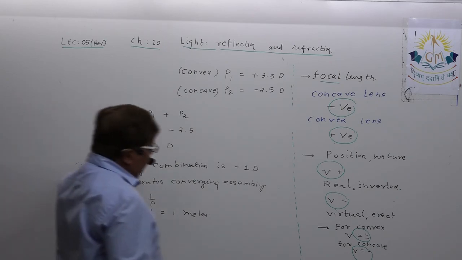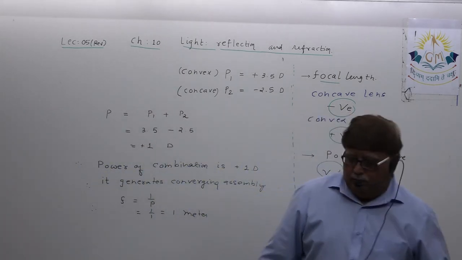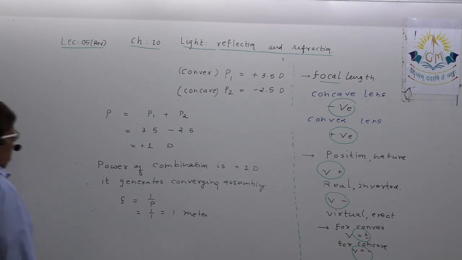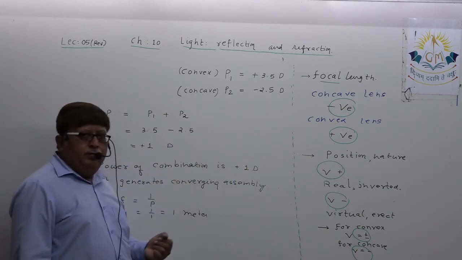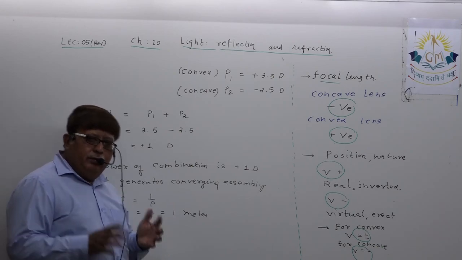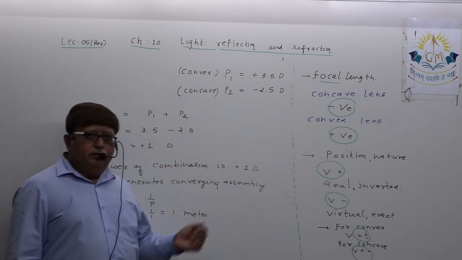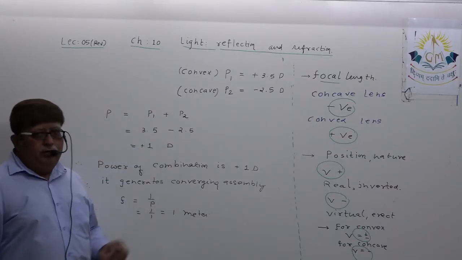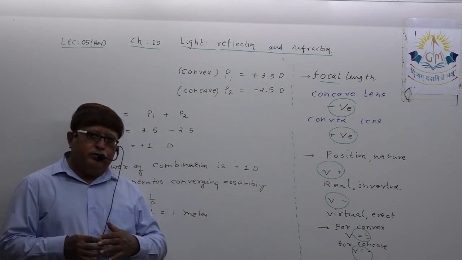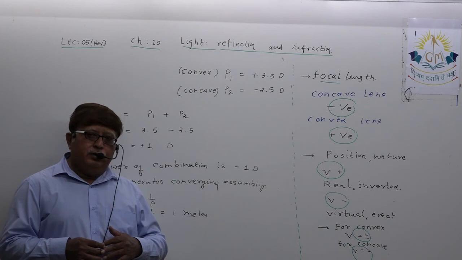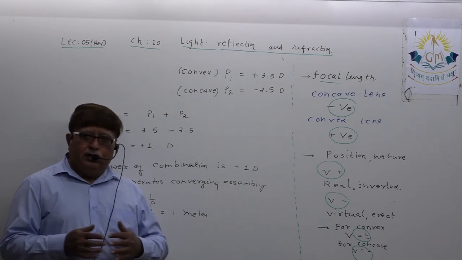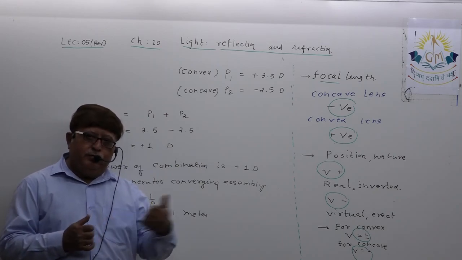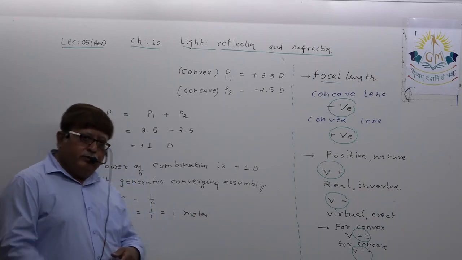But this is the concept you have to keep in mind. Whenever you are asked about the design and manufacturing of a proper converging or diverging assembly, you will sometimes be given a combination of lenses. Whenever you are given a combination of lenses, how will you find the power of the assembly? Just by algebraically adding the powers of all the lenses.